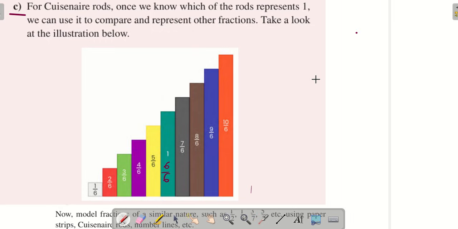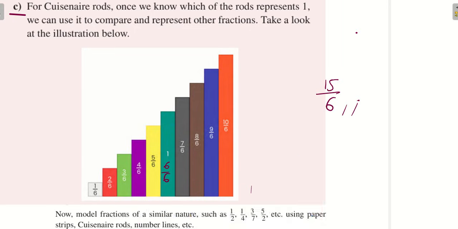So your activity here is to extend these rods to reach 15 out of 6. Extend it to 15 out of 6. Now, model fractions of similar nature, such as 1 out of 2.